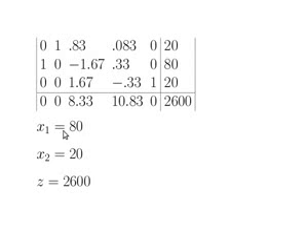Because when x1 is equal to 80 and x2 is equal to 20, you're going to have 2600 as your final answer. We're maximizing the value, so this is the maximum possible value for z, and that happens when x1 is 80 and x2 is 20, and that is the end of the problem.